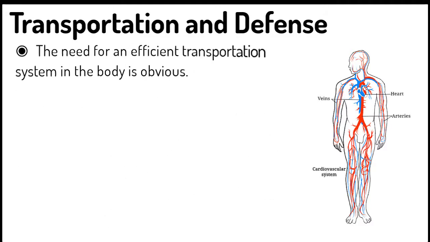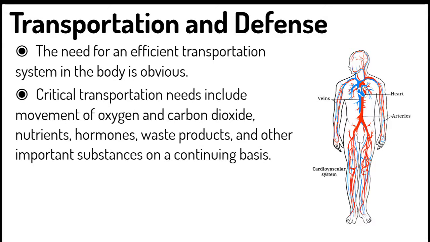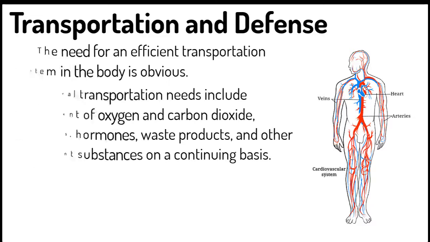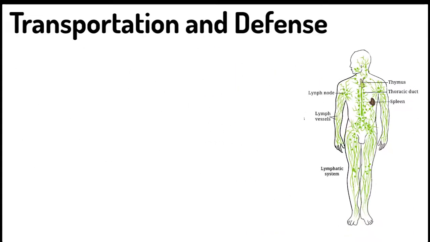The need for an efficient transportation system in the body is obvious. Critical transportation needs include movement of oxygen and carbon dioxide, nutrients, hormones, waste products, and other important substances on a continuing basis. Now let's look upon the lymphatic system.